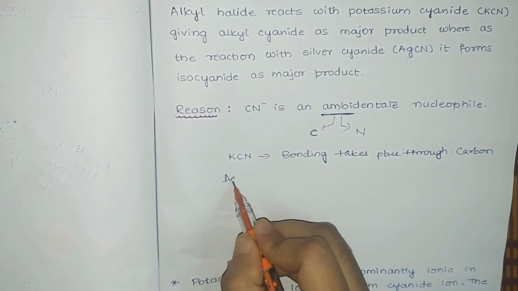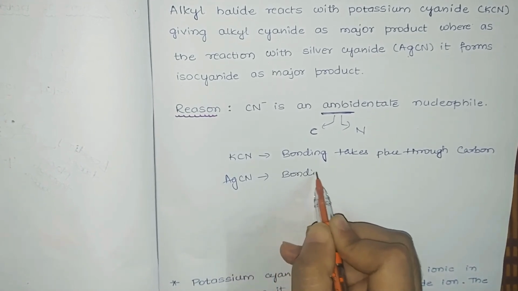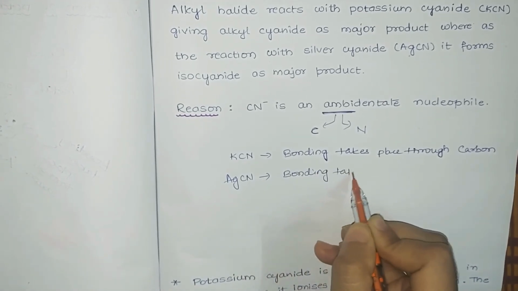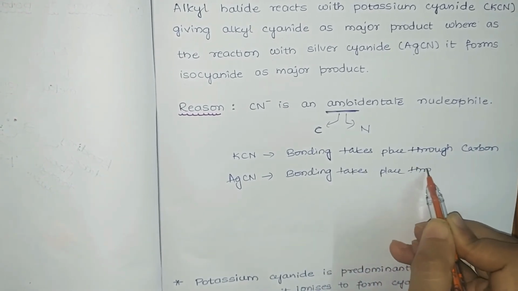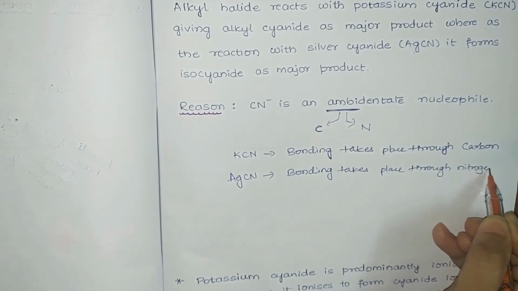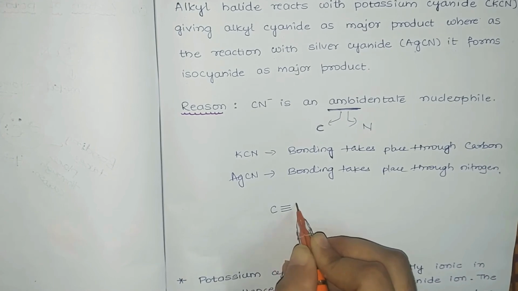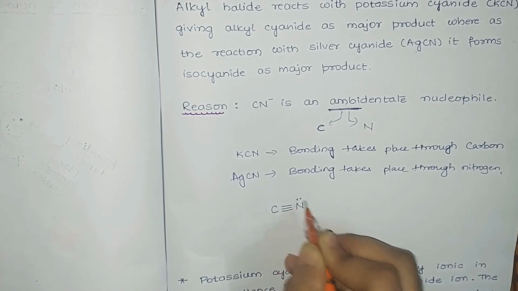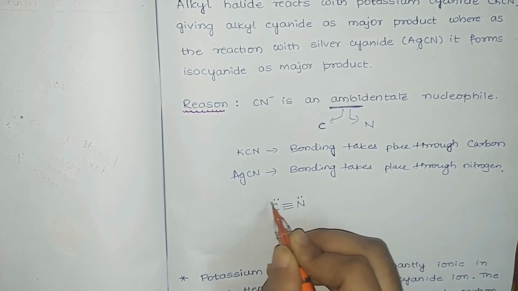And in AgCN, bonding takes place through which atom? We have already discussed it. In AgCN, bonding takes place through the nitrogen atom. Why? Because AgCN is covalent and nitrogen has a lone pair of electrons on it. To understand it, we'll write the resonance structure. We have written C triple bond N with a lone pair of electrons on carbon, because of which carbon is negatively charged.